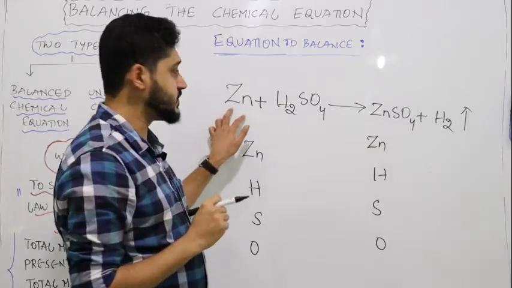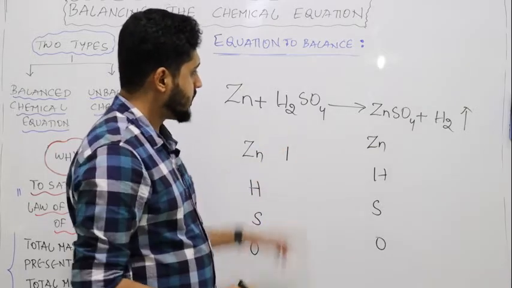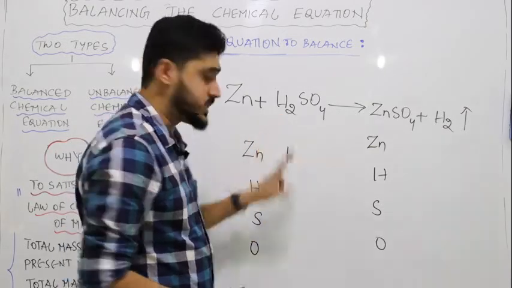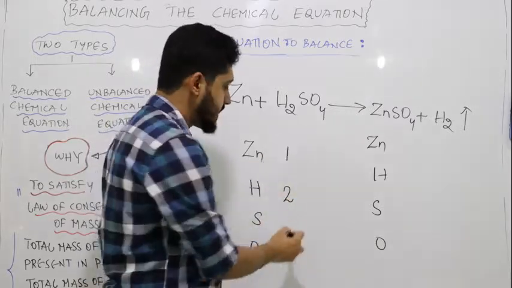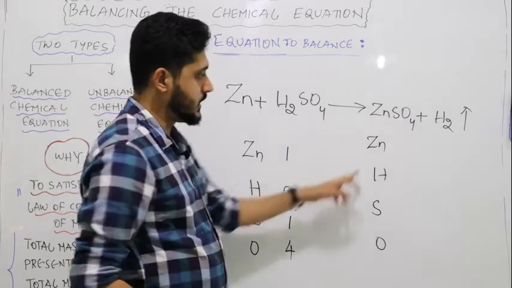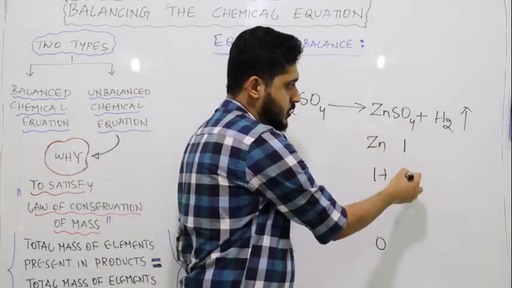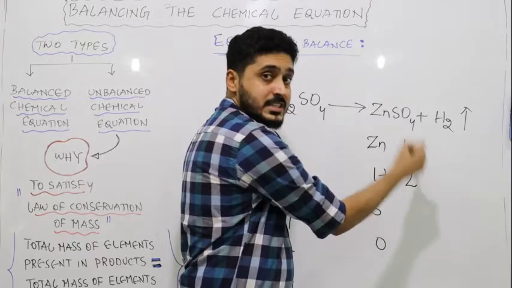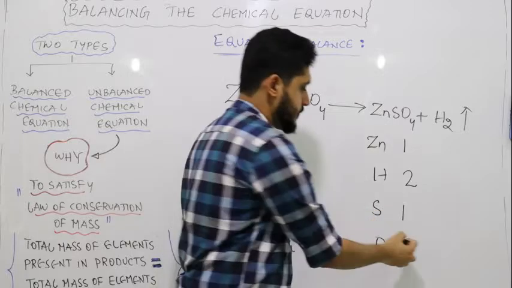Now start to count the number of atoms of zinc. Here how many atoms of zinc are present? 1 atom. Hydrogen? 2. Sulfur? 1. Oxygen? 4. On the product side, the number of atoms of zinc is 1, hydrogen again 2, sulfur 1 and oxygen 4.